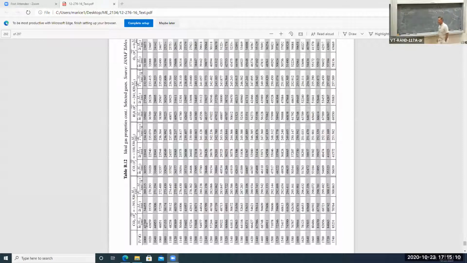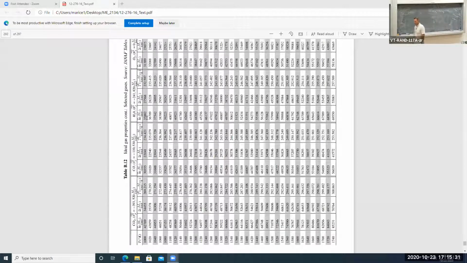For the water vapor, it's 35.9 megajoules per kilomole.